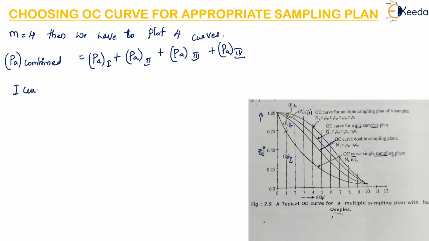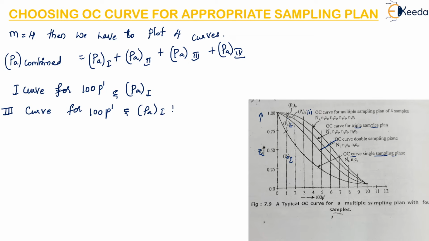The first curve is for the first sample. The second curve is the probability of acceptance of the first sample plus the probability of acceptance of the second sample, that is the combined curve.